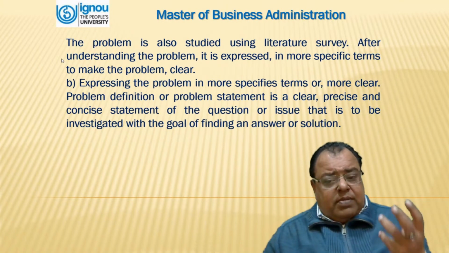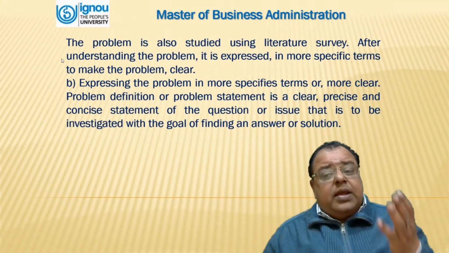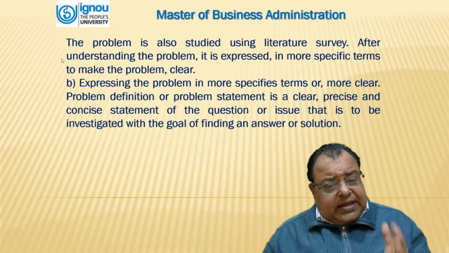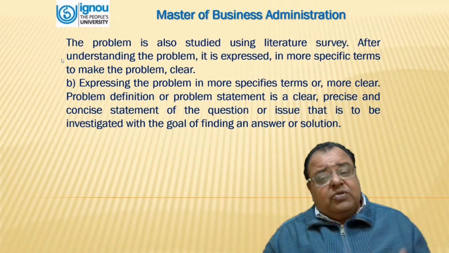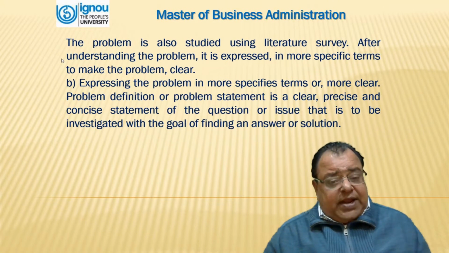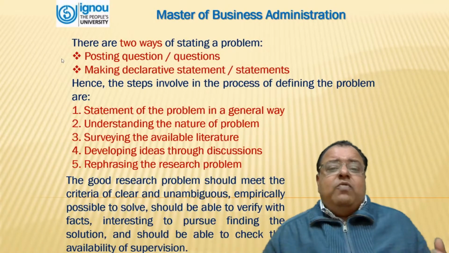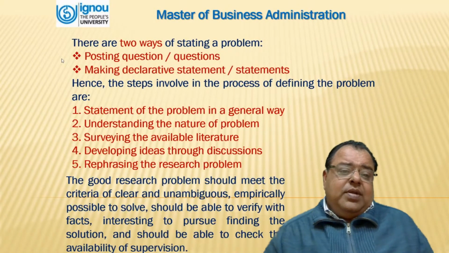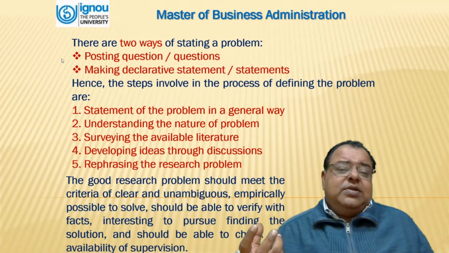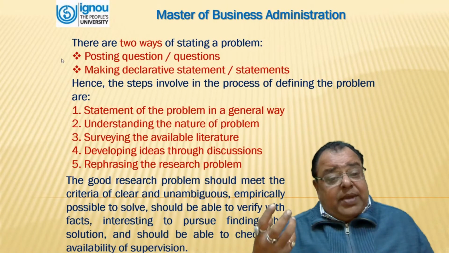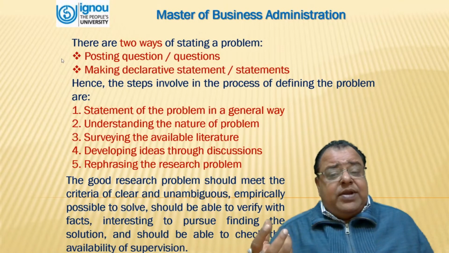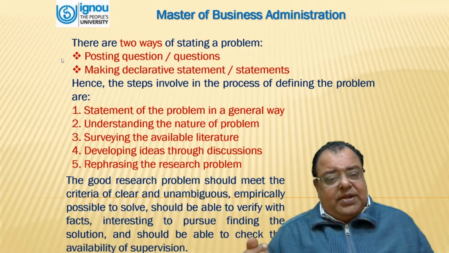Problem definition or problem statement is a clear, precise, and concise statement of the question or issue that has to be investigated with the goal of finding an answer or solution. There are two ways of stating a problem: posing questions or making declarative statements.